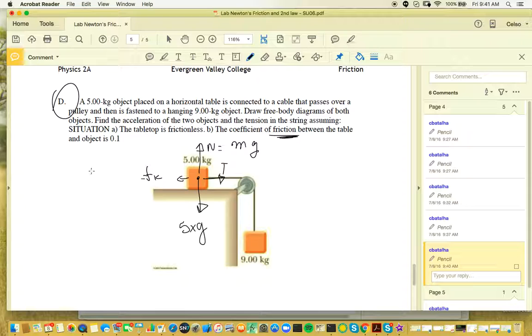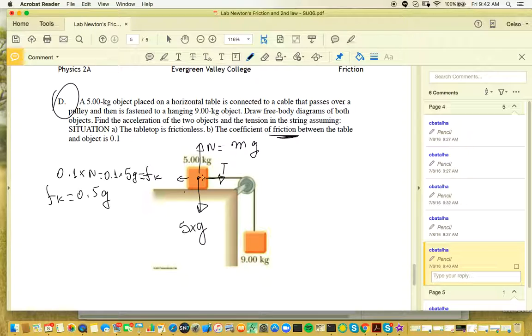Kinetic friction is equal to the coefficient of kinetic friction times the normal force. In this case, and only in this case, this is what it is, okay? So the kinetic friction is basically 0.5g newtons.